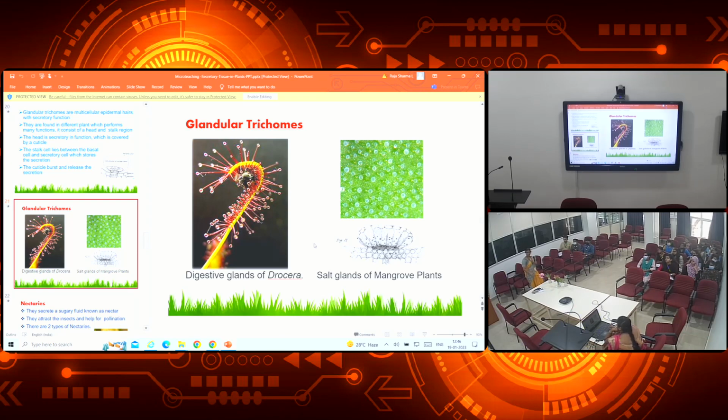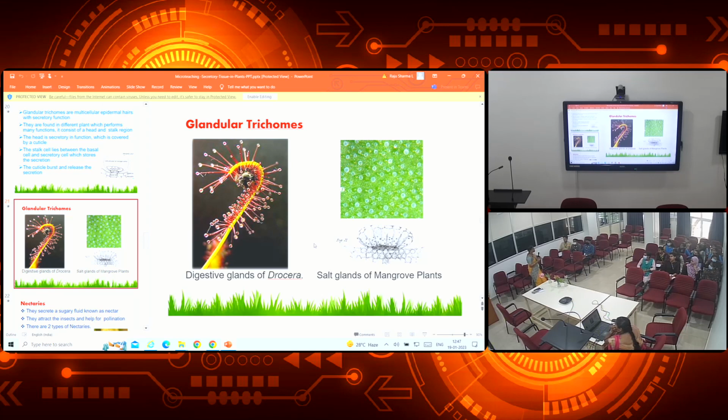Next, trichomes. In which plants can we find them? Insectivorous plants, like Drosera and Nepenthes. Trichomes are hair-like structures, and on them we can find attractive colors and some fluids over the nectar. Insects, attracted by the colors and nectar, come and sit on them. Once an insect sits, the trichome closes over it and it gets captured.